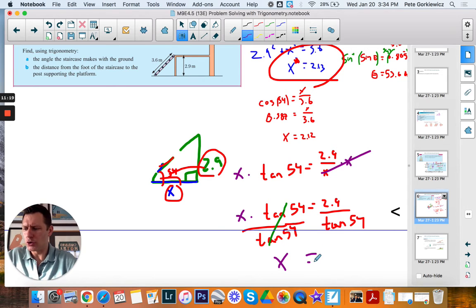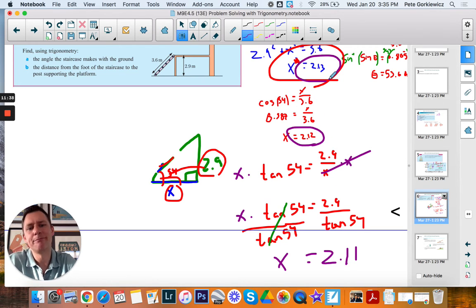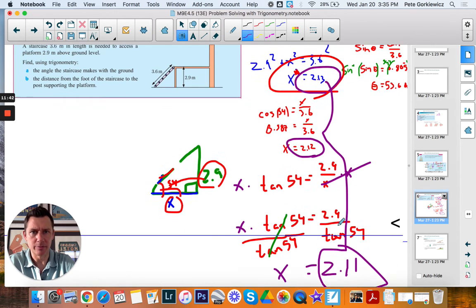And then when you say 2.9 divided by tangent of 54, close your parentheses, I got 2.11, which is the same as those. All of those would be acceptable answers, right?